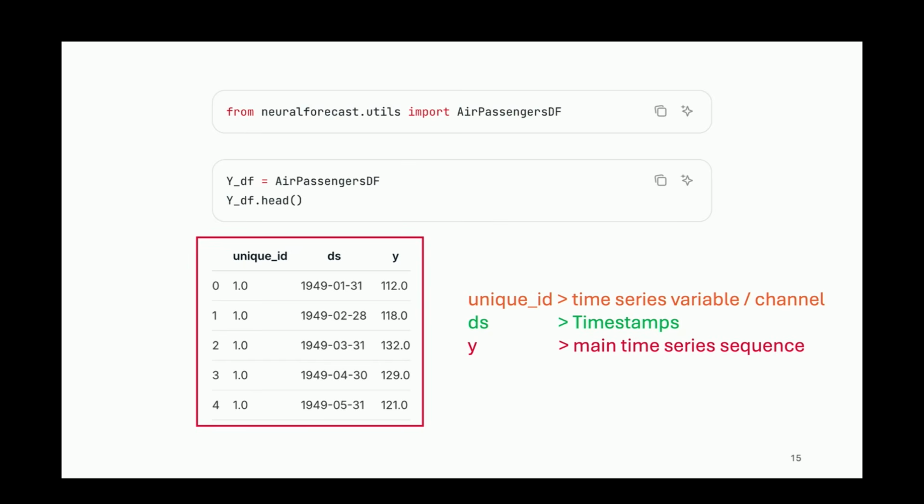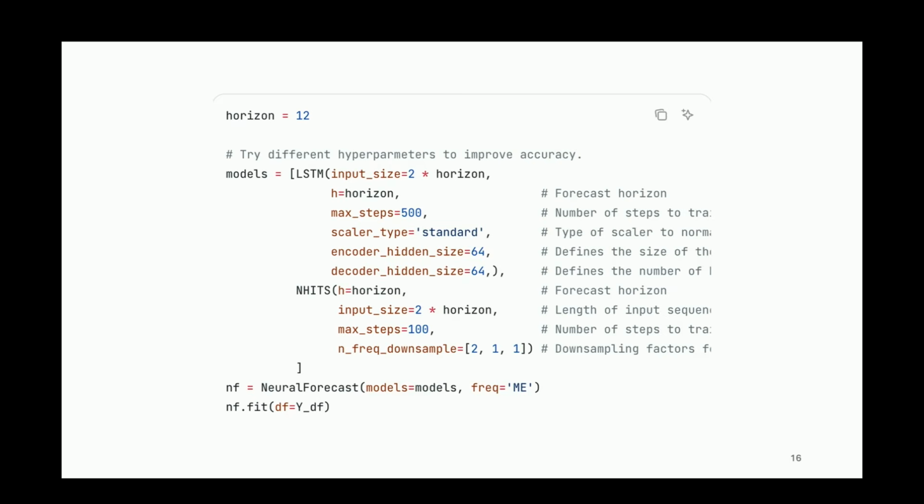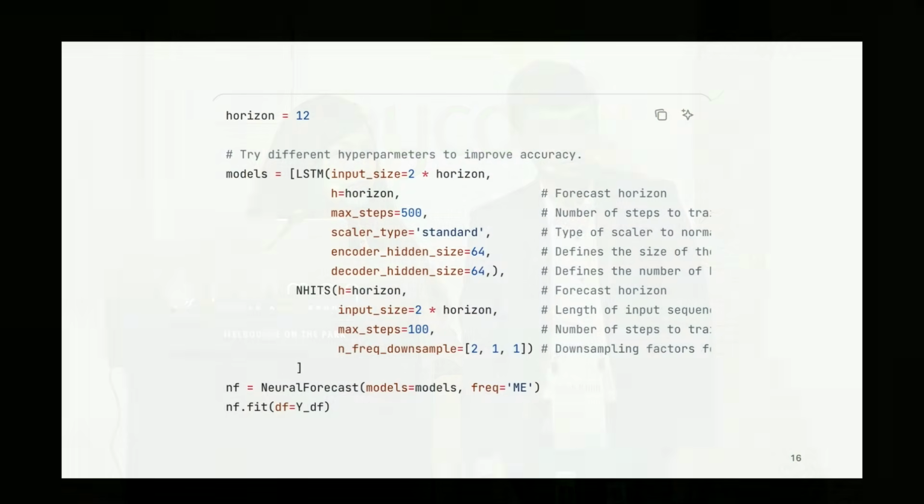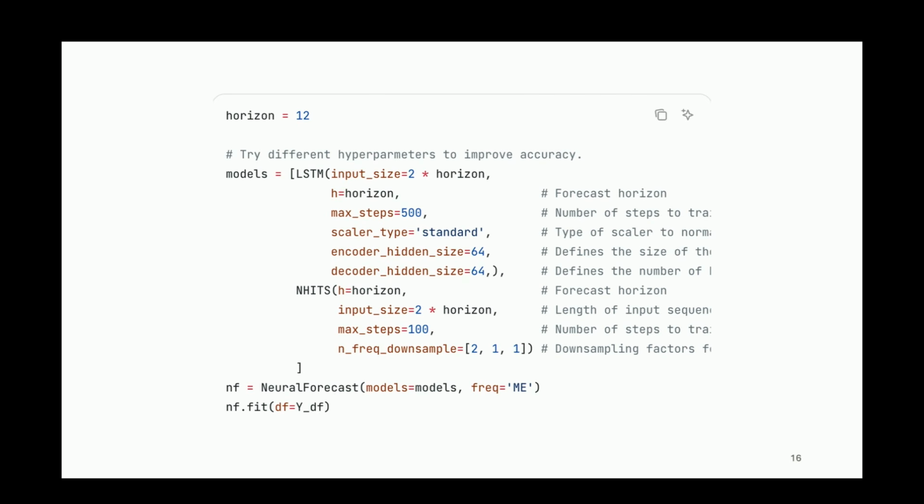After we have our pandas data frame, we can start building our model. Another interesting thing about the NeuralForecast library is that we can write multiple algorithms in a list. For instance, here we can see that LSTM and NHITS, 2 popular time series forecasting algorithms, mainly deep learning algorithms, are written in one list to build our model.